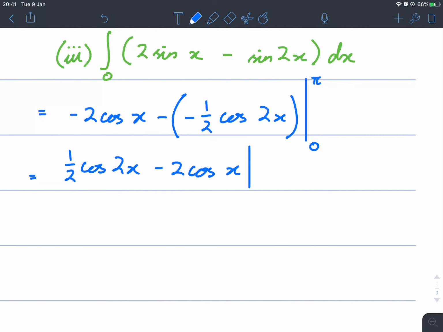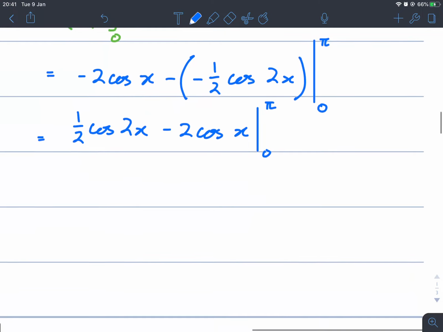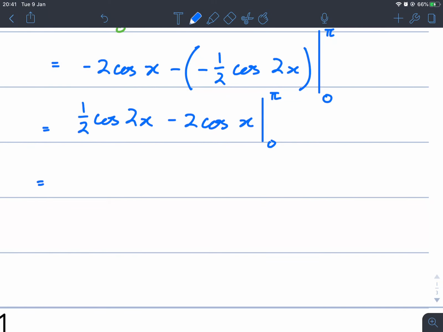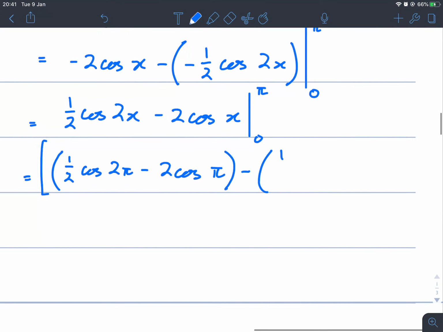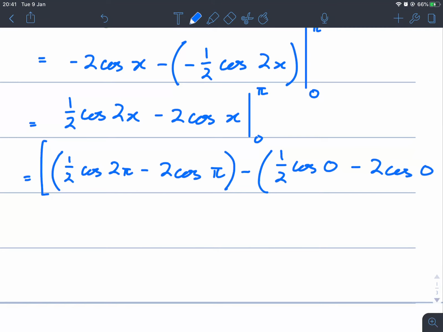Then we're going to substitute pi and 0. Here's my first substitution, substituting pi. So half cosine of 2 pi minus 2 cosine of pi, minus the substitution of 0, which is half cosine of 0 minus 2 cosine of 0.